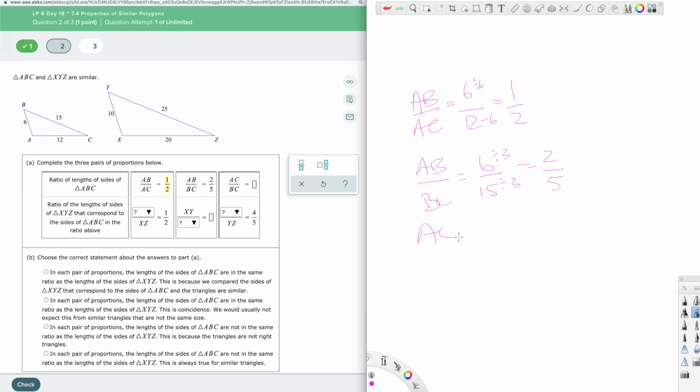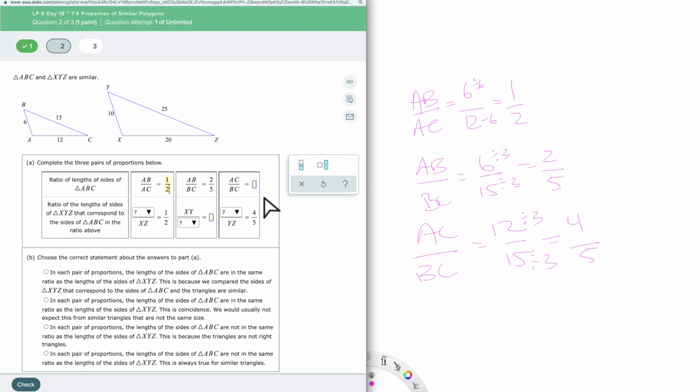AC over BC, so AC is 12 and BC is 15. So these both divide by, I think, 3 again is all they divide by. 12 divided by 3 is 4. 15 divided by 3 is 5. So I get 4/5.